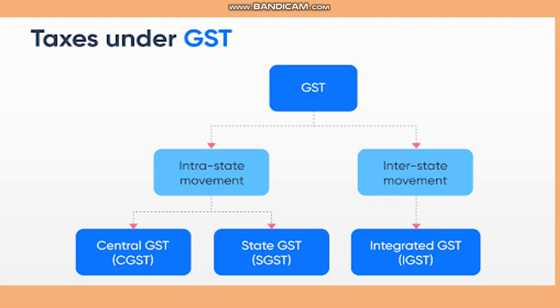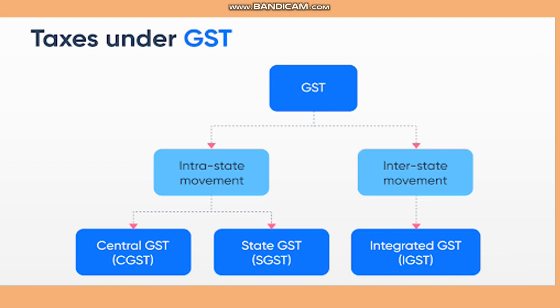Intrastate supply attracts two GST, CGST and SGST.